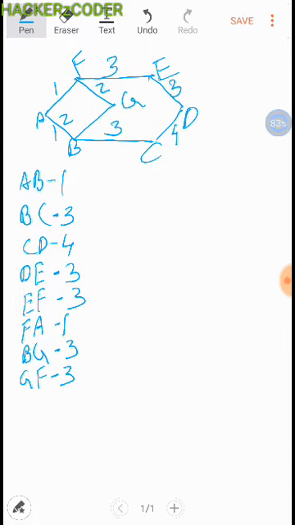So the first thing that we do is we sort the edges by weights. So we sort it like, first comes 1, which is AB. Then comes BG and also GF.